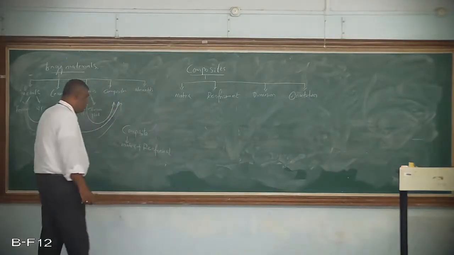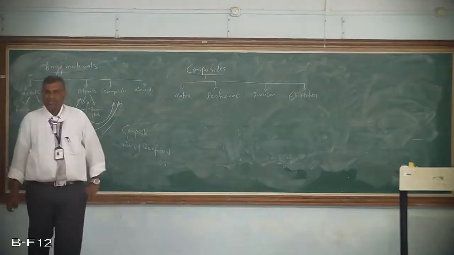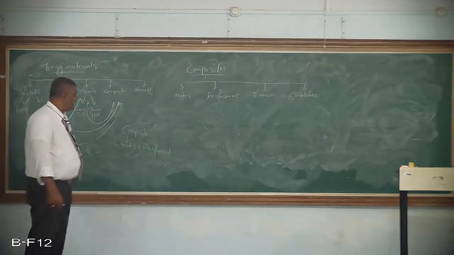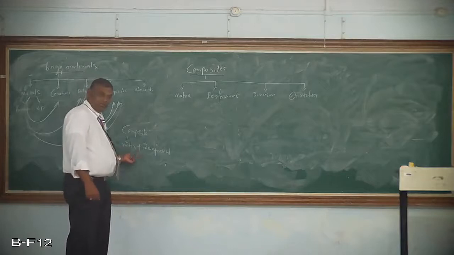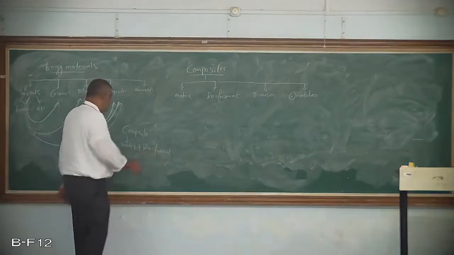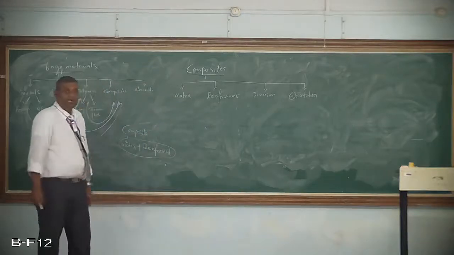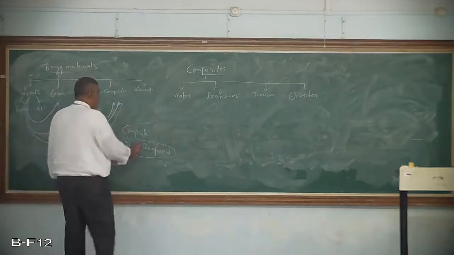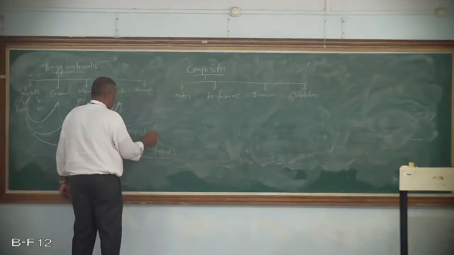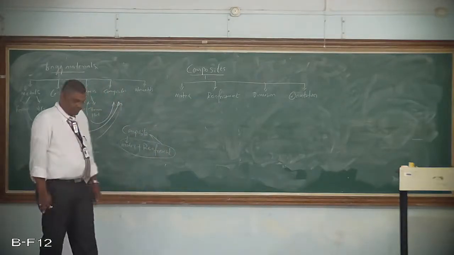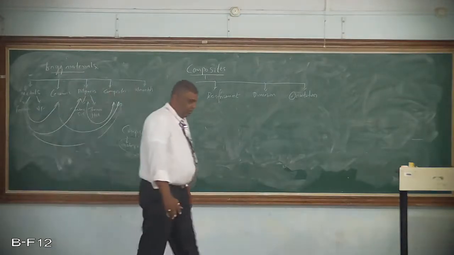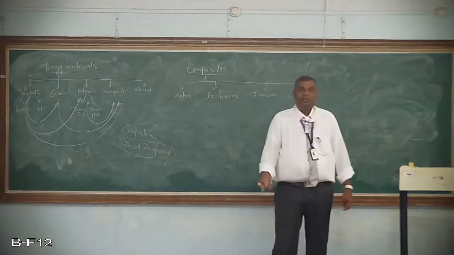So two different materials are required. Those materials are called matrix and reinforcement. When we mix matrix and reinforcement together, it is called a composite. So the basic requirement is two: matrix and reinforcement.